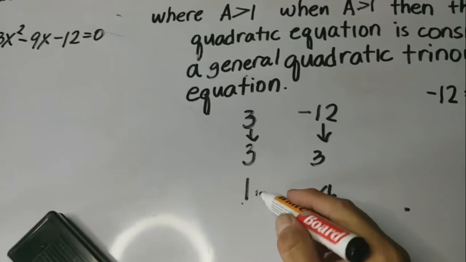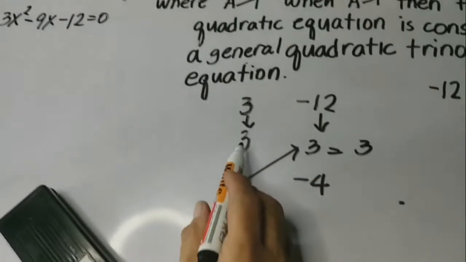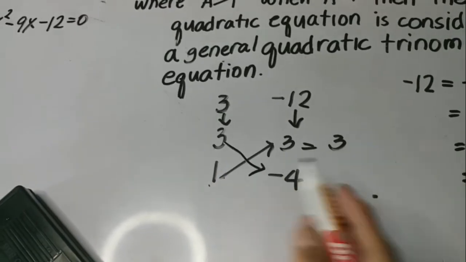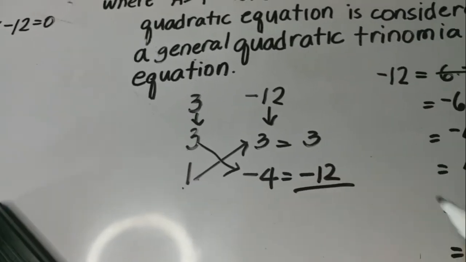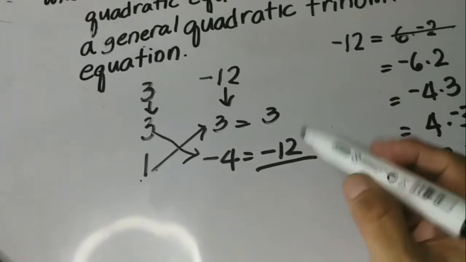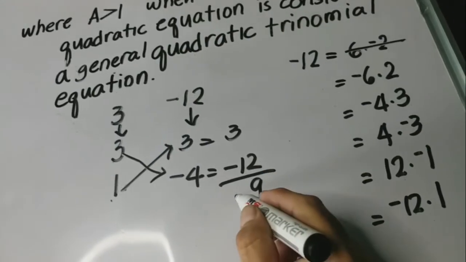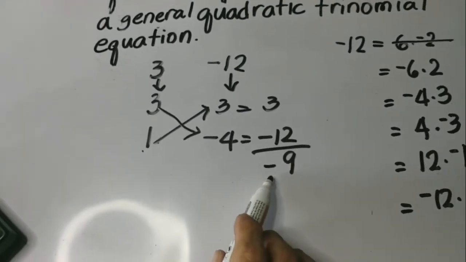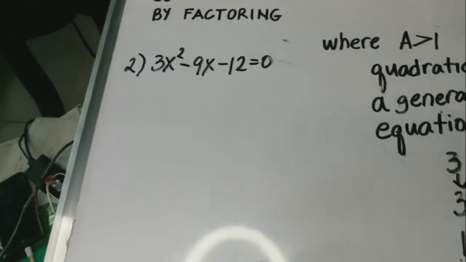Cross multiplying, 1 times 3 is 3. Then 3 times negative 4 is negative 12. Then you add 12 minus 3 is 9. Then the sign is negative. So this one here, negative 9, is the same as negative 9.